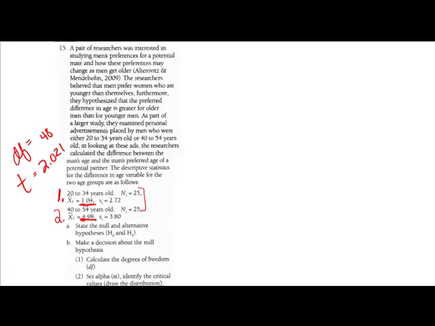So I'm going to use the row that's 40 degrees of freedom because with 48 I at least have that 40. So if we draw a curve, if we're greater than 2.021 or if we're less than a negative 2.021, we can reject the null hypothesis.